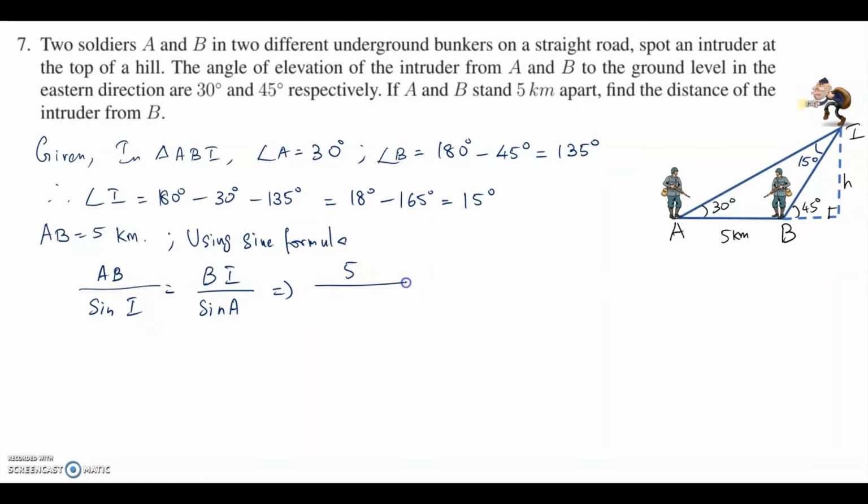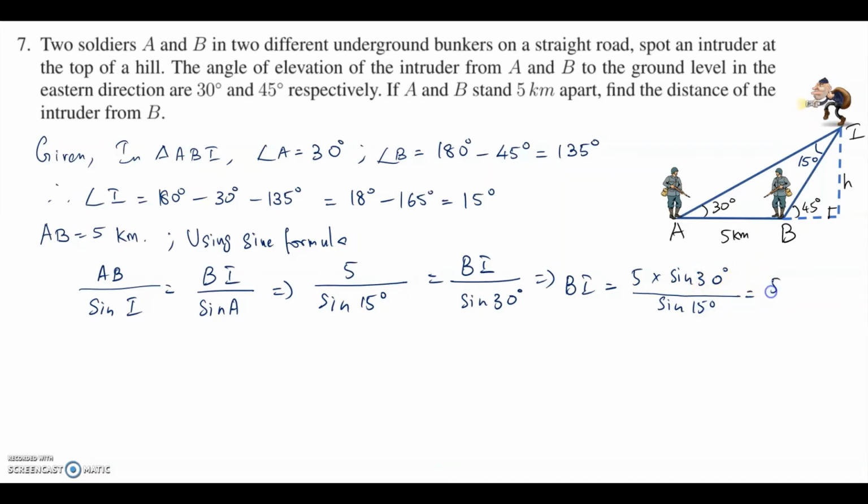AB is 5 divided by sine of I, 15 degrees, is equal to BI, which is what we need to find, divided by sine of A, 30 degrees. So this would imply that our BI is equal to 5 times sine 30 degrees divided by sine 15 degrees, and sine 30 is 1 by 2. So this is 5 by 2 into 1 by sine 15 degrees.